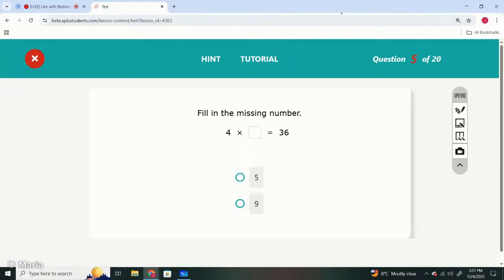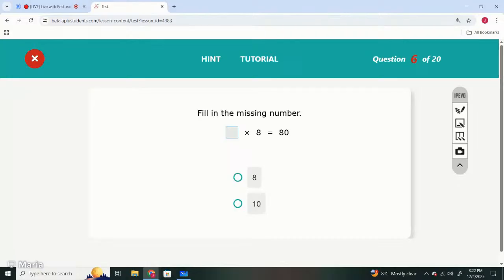4 times 9 is 36. The correct option is 9. Very good. Option number 2 is the correct option. Missing number times 8 is 80.